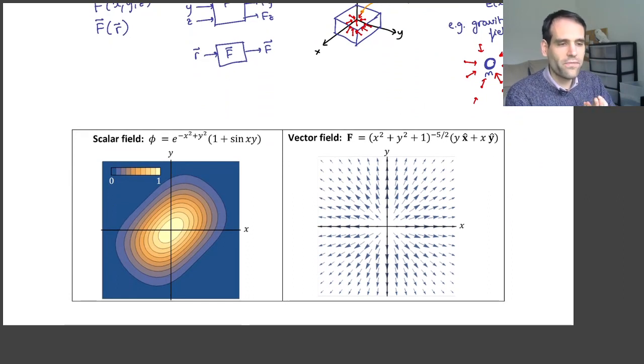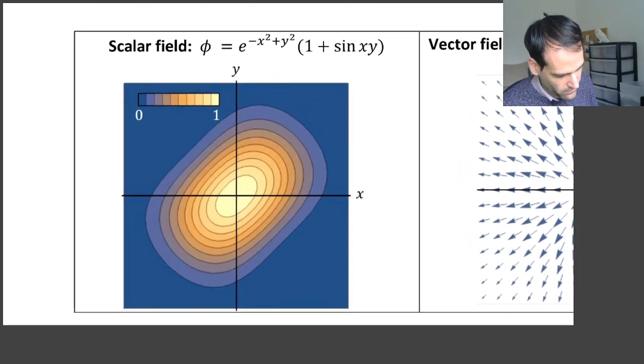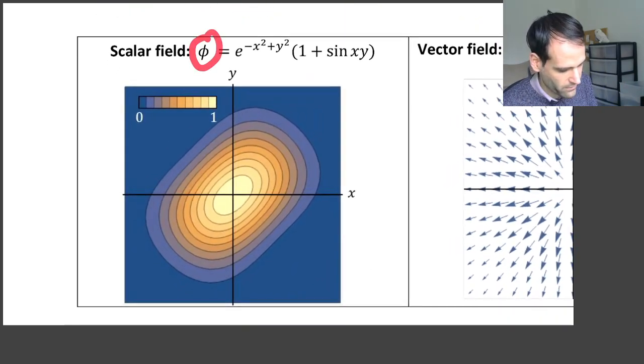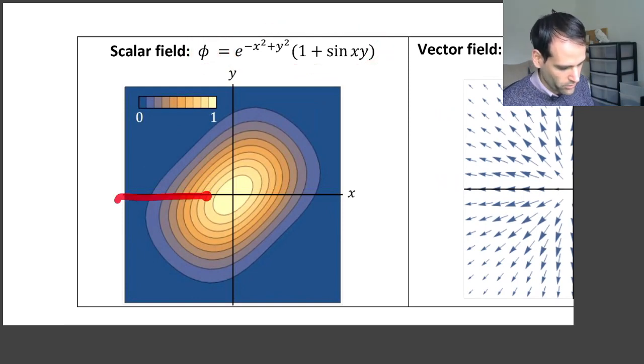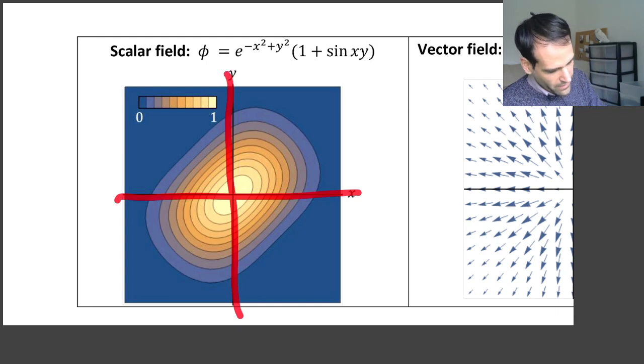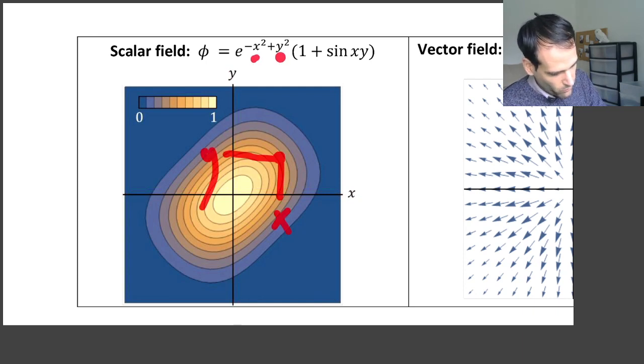For visualization of fields, it's actually really easy to visualize these fields in 2 dimensions. It's not so easy to visualize them on paper in 3 dimensions, but for 2 dimensions it's relatively easy. So for example, here on the left, I'm visualizing a scalar field given by phi, which is a scalar, which depends on x and y. So the way you do it is you plot your xy axis, and then for every point which has a value of x and a value of y, you can substitute x and y here, and you find some number.